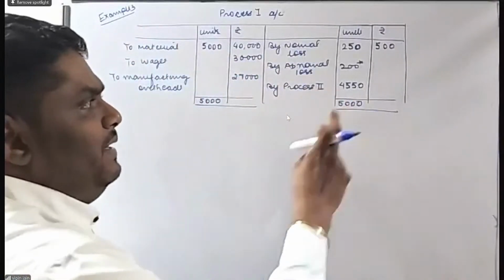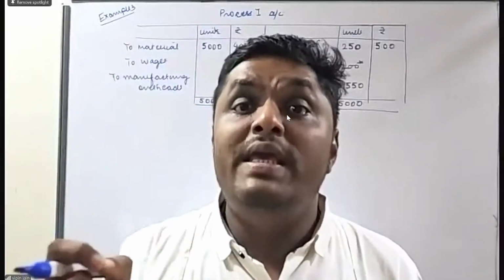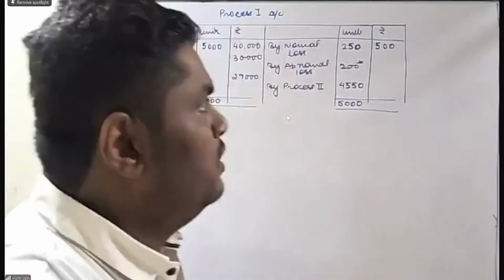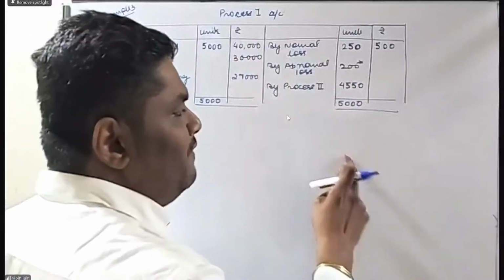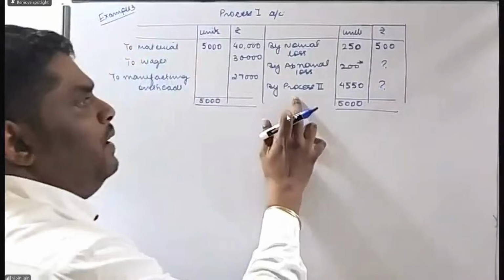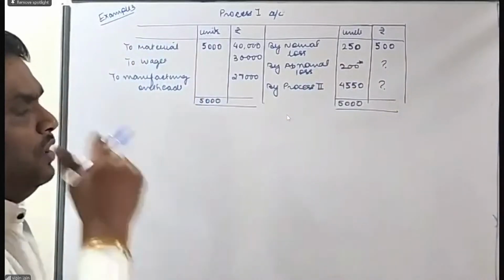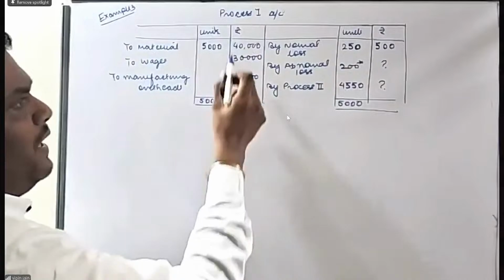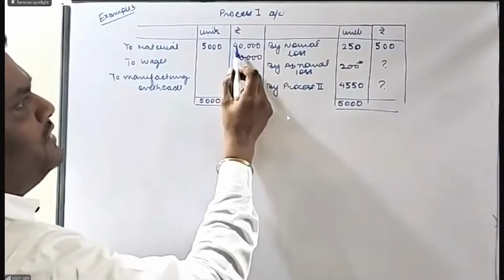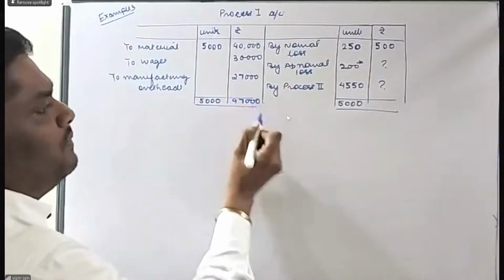Now, as I said, very important, guys, the value of abnormal loss will be equal to the value of good units. So herein we have to calculate the value of good units, and the final value of amounts that are transferred to the next process and abnormal loss. Now, the total process cost is 97,000 in total.